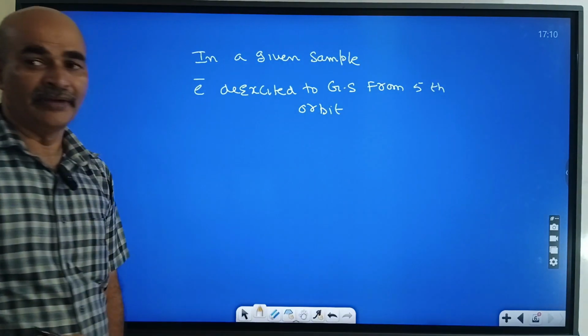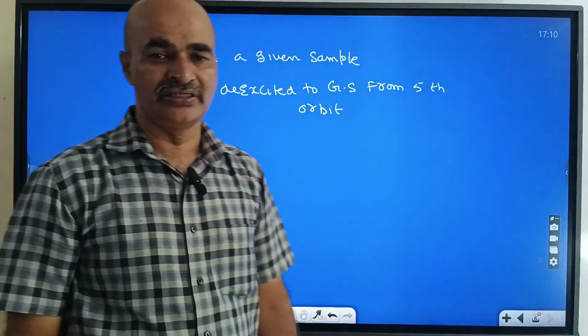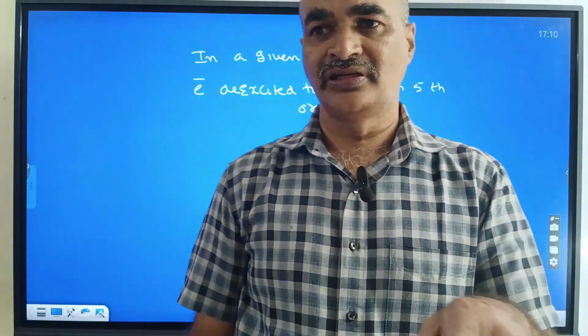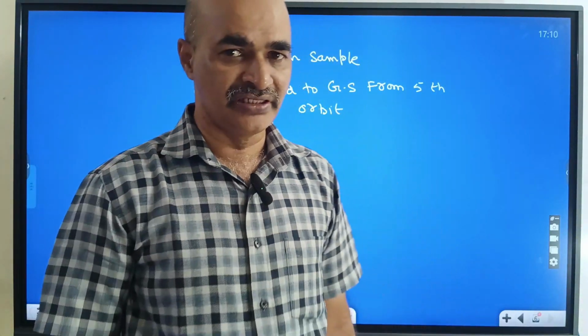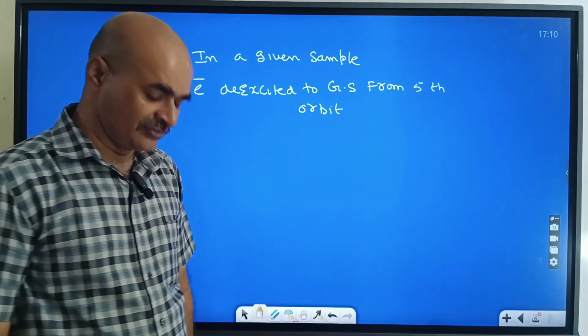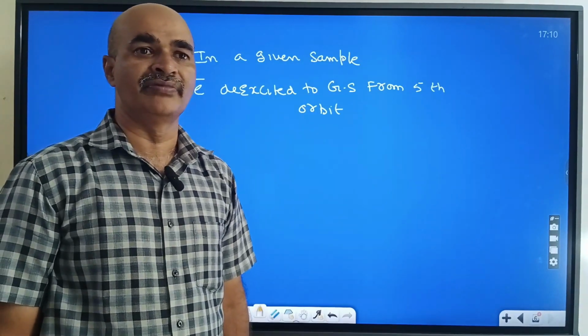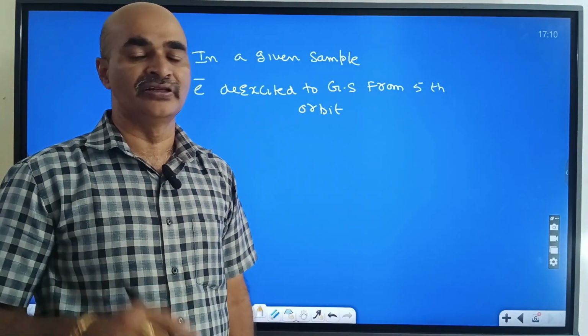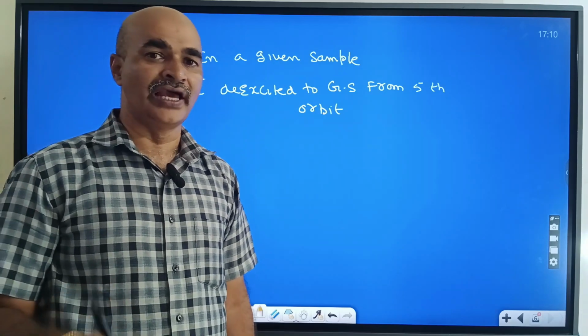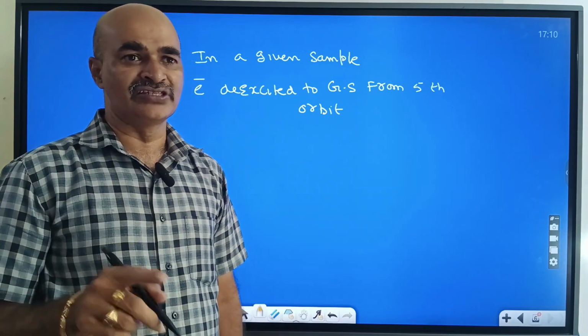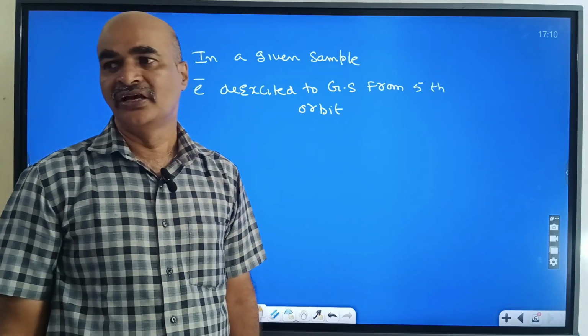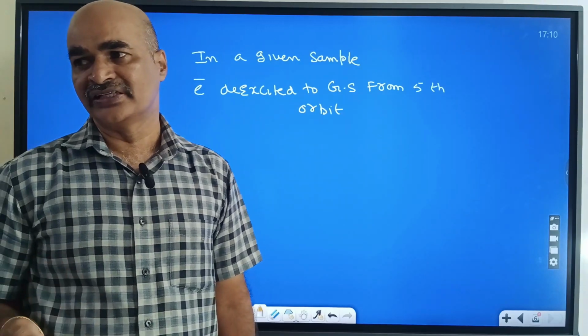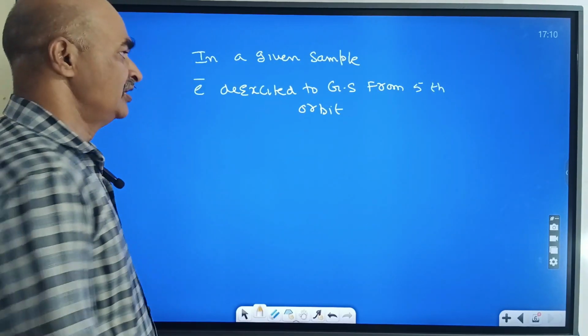Number of lines in the Lyman series, number of lines in the Balmer series. How to calculate the number of lines formed in the Lyman series? How to calculate the number of lines formed in the Balmer series? How to calculate the number of lines formed in the Paschen series?